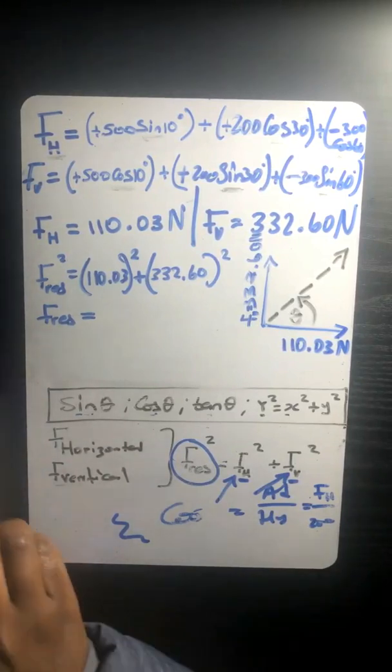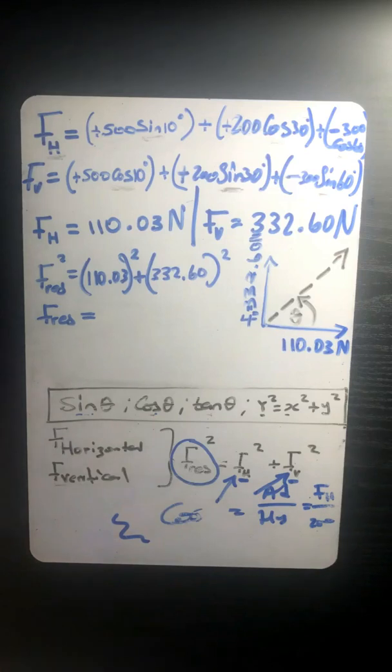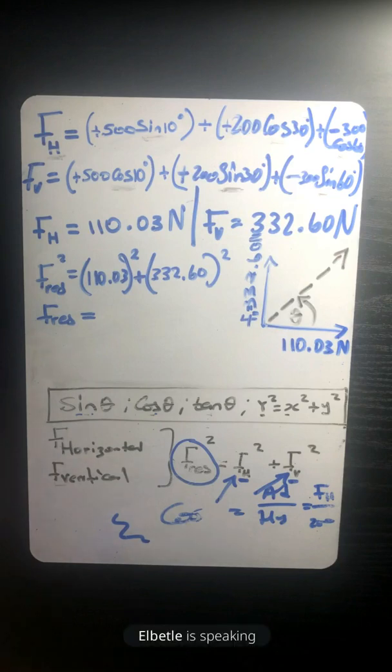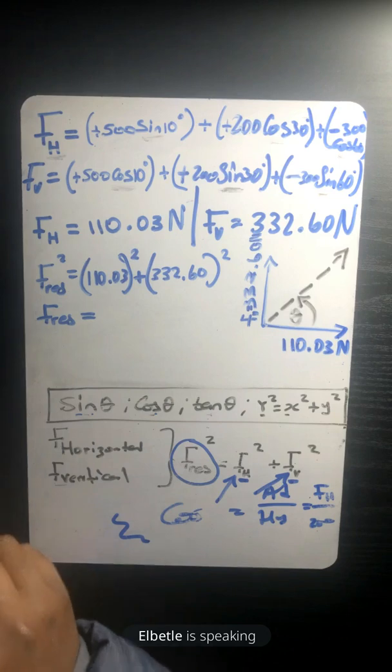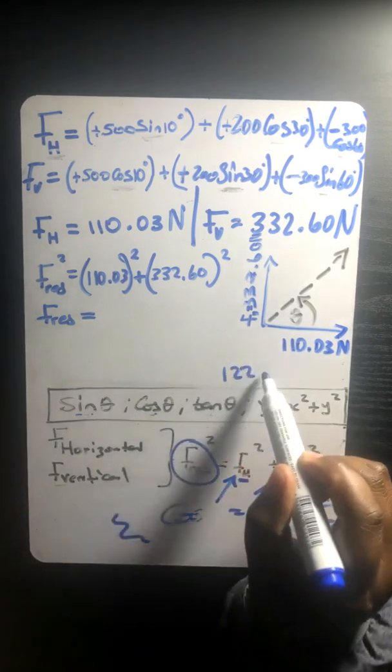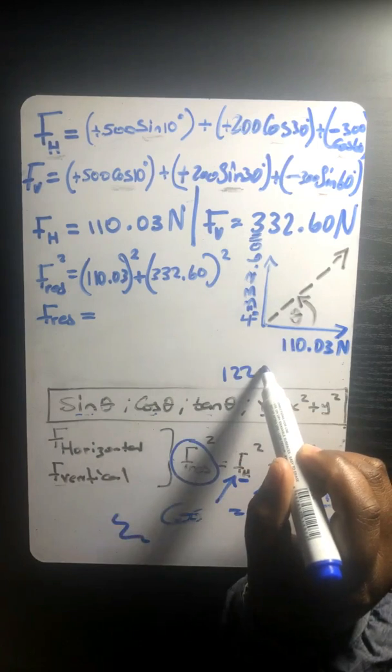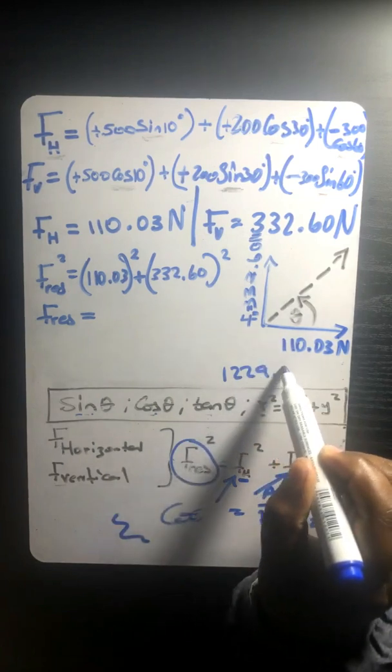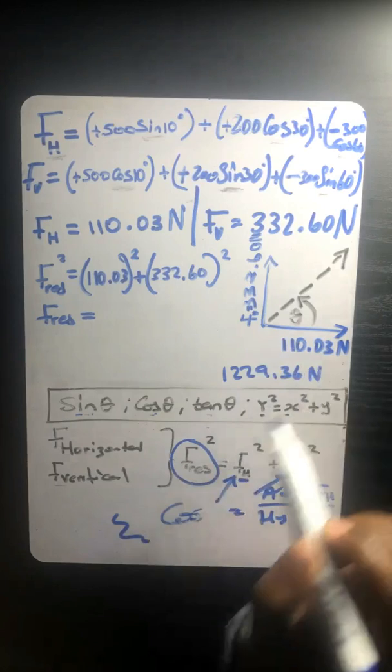What are you guys getting? 122729,36. 122.9,36 Newton.